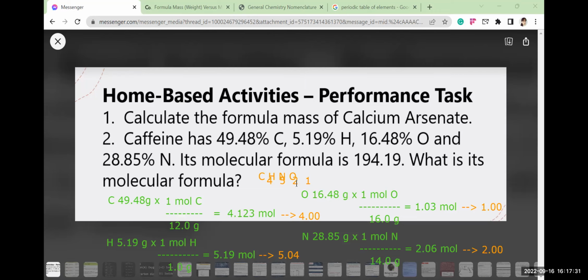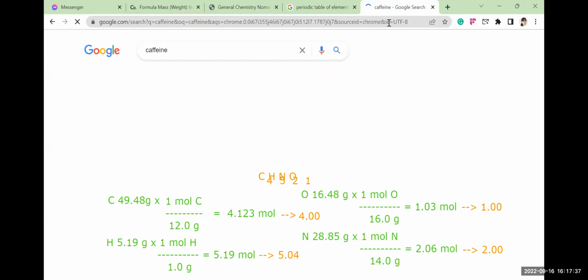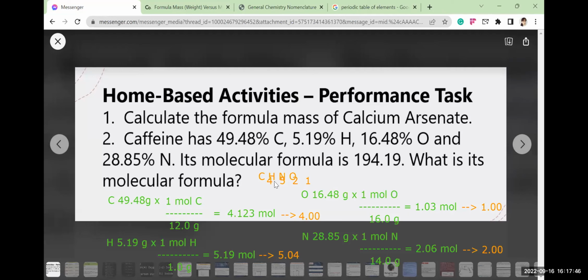Tama, di ba? Nitrogen is 2. How do you write that? CHNO ang pagsulat. So, you have 4 carbon, 5 hydrogen, 2 nitrogen, 1 oxygen.